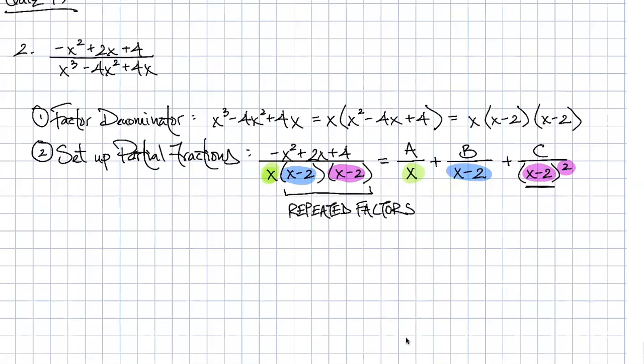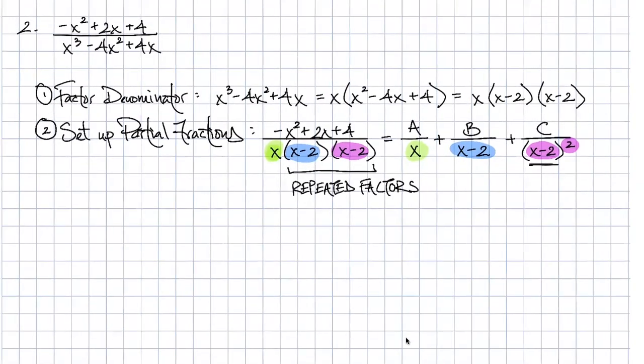If it was cubed, would it be different? If you had x minus 2 cubed, you would still just have a constant on top. It all goes back to what is the thing being repeated, not the repetition itself.